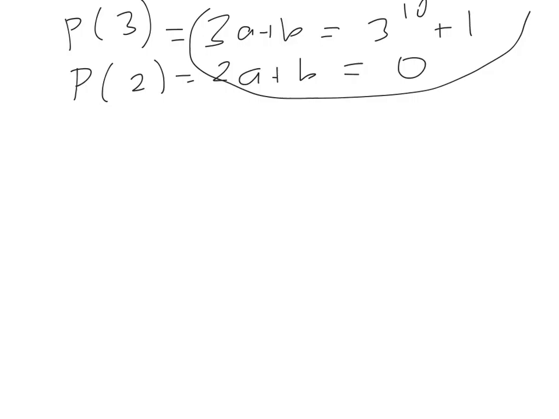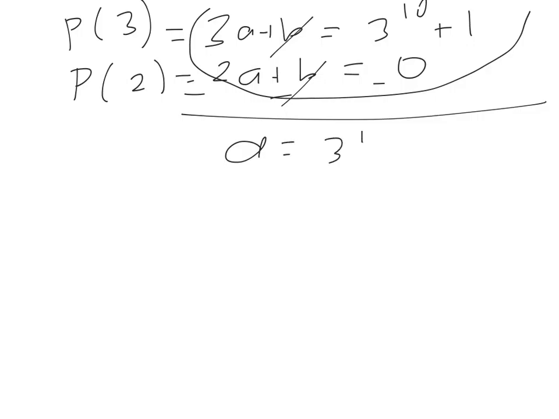You know this already. You can subtract the second, so take away, and this is already 0. B's cancel out. A equals 3 to the power of 10 plus 1 minus 0, which is 3 to the power of 10 plus 1. And what is b?